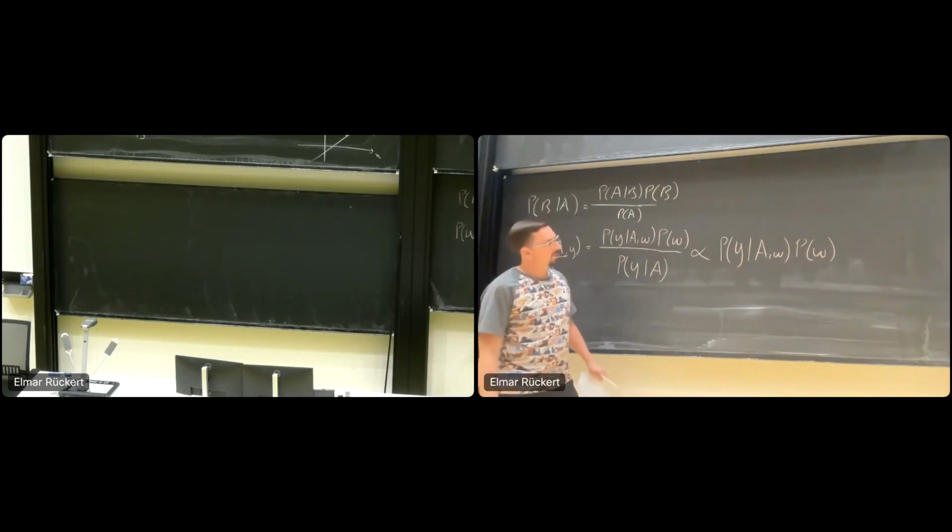And the next step is that we will actually use a definition for these two distributions. We say this is a Gaussian distribution.